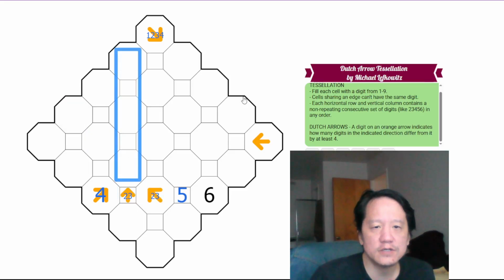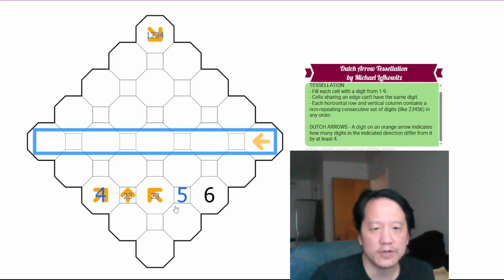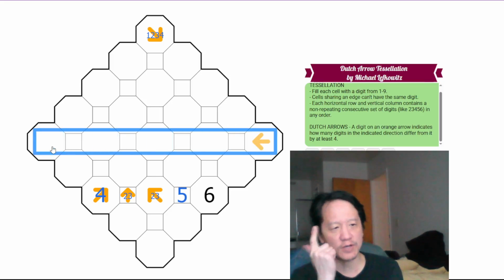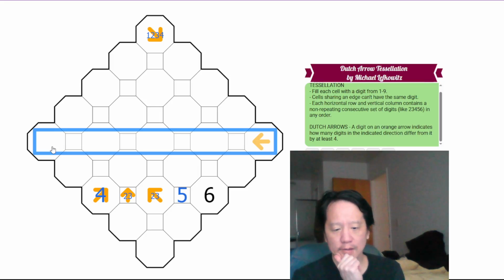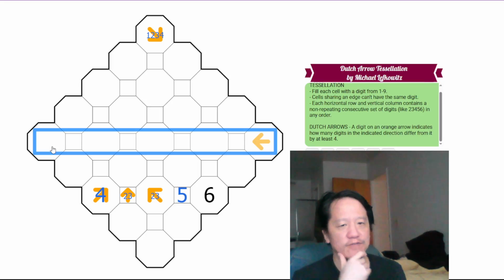And in addition, let's continue with this part, right? In here, we have the digits 1 through 9. You can only have at most 5 digits which are 4 or more away from a digit there.